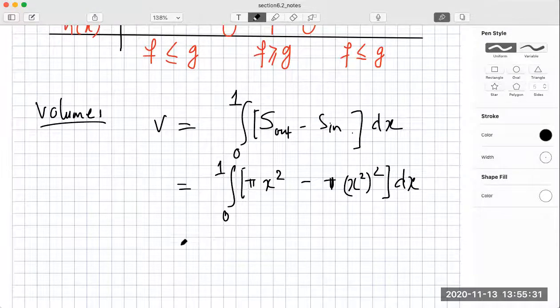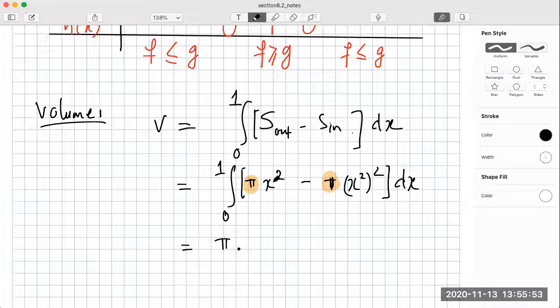Okay, so computing this integral is not difficult, right? We find the antiderivative of each of them here. The constant is easy, so we rewrite the constant.